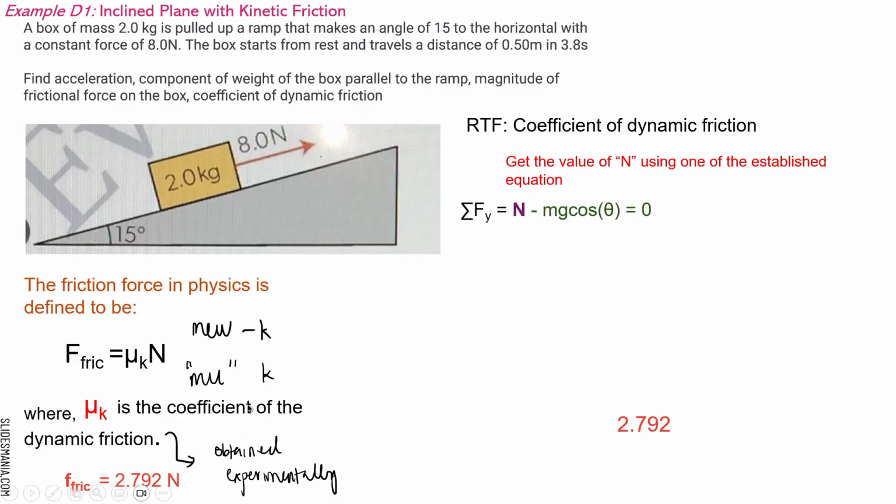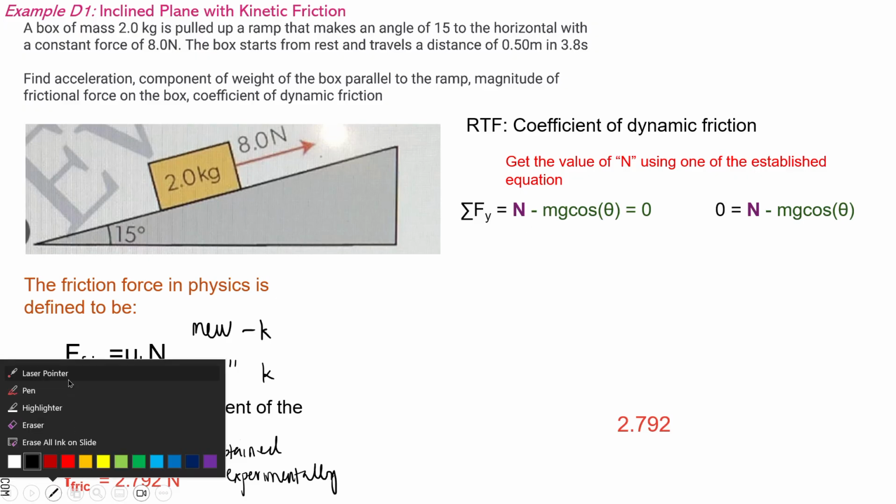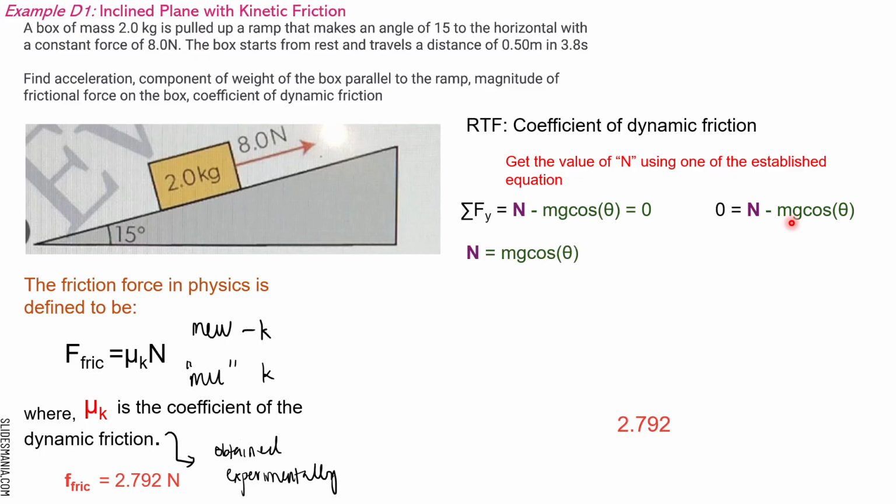We know that the net force in the y-axis is simply equal to 0, which gives us this equation right here: N minus mg cosine theta, from our free body diagram. So 0 equals N minus mg cosine theta. We just rewrote the equation in another way, putting the 0 on the left side and N minus mg cosine theta on the right side. So we find that N equals mg cosine theta.